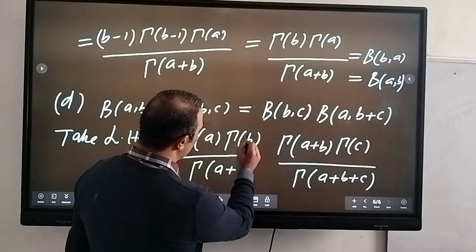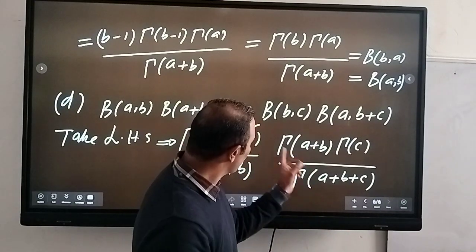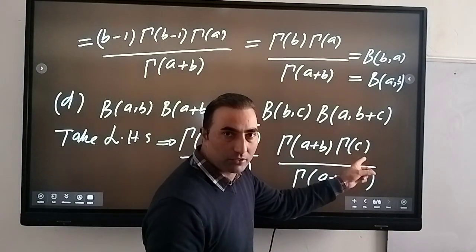So I will write first, because it is symmetric, B of AB equals B of BA. So I will write gamma B from here, then gamma C from here.